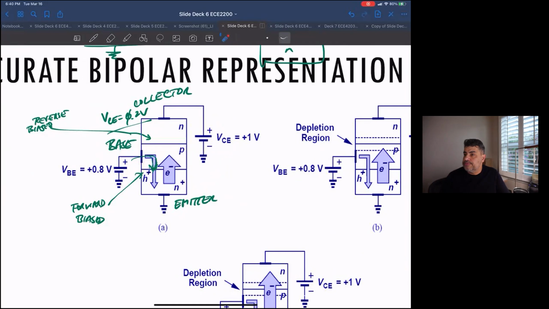If we work out what happens if I put 0.8 volts from base to emitter and 1 volt from collector to emitter, it just looks like I have 0.2 volt reverse bias across this PN junction, and a 0.8 volt forward bias across this junction. That's all we're saying at the moment.